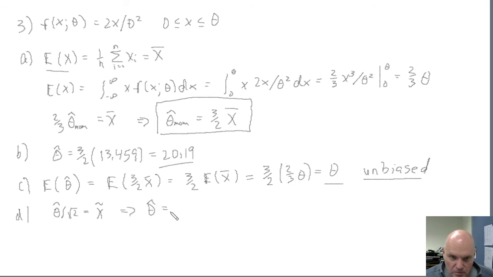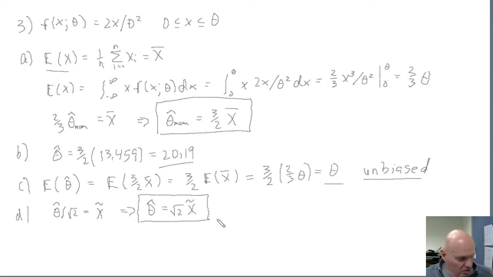Theta then becomes the square root of 2 times our sample median. This is an estimator based on this common sense relationship. This method doesn't really have a name like method of moments or maximum likelihood estimator or anything like that.